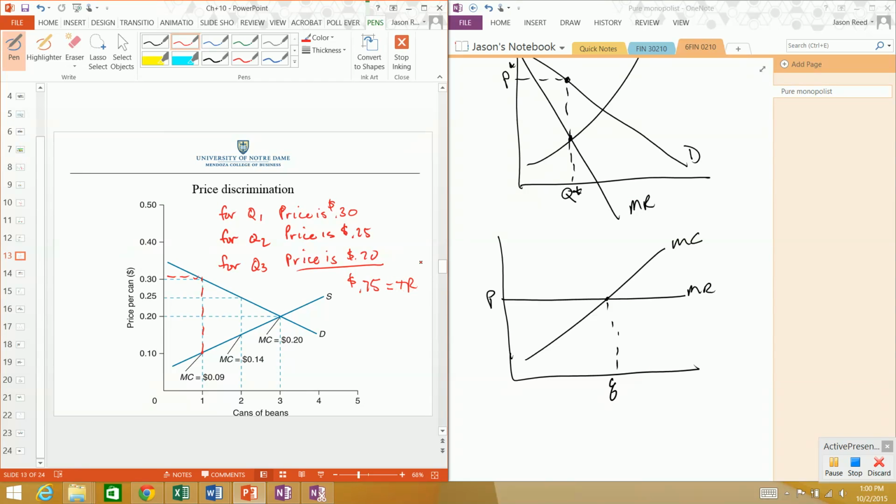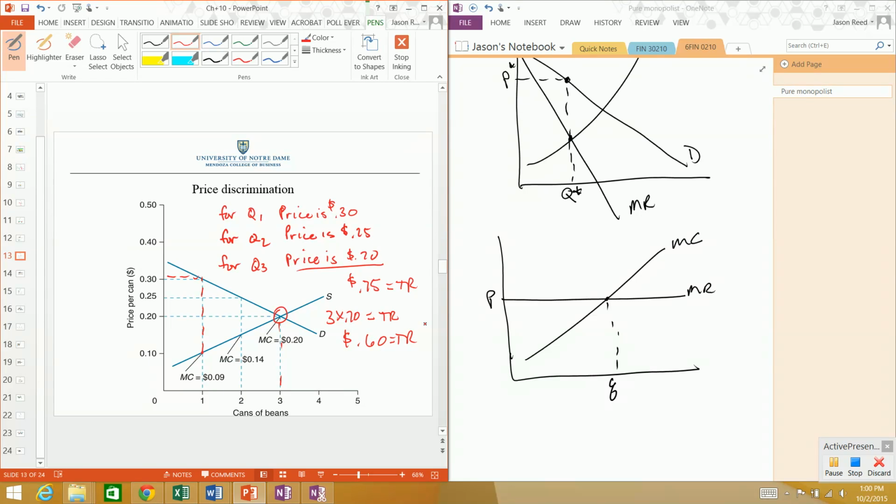Now this is very different than charging you an average price, which we do see happening as well. The difference here is that if you buy 3 cans, because this is our equilibrium, what we would see is 3 cans for 20 cents each, so total revenue at 3 cans at 20 cents ends up being just 60 cents.